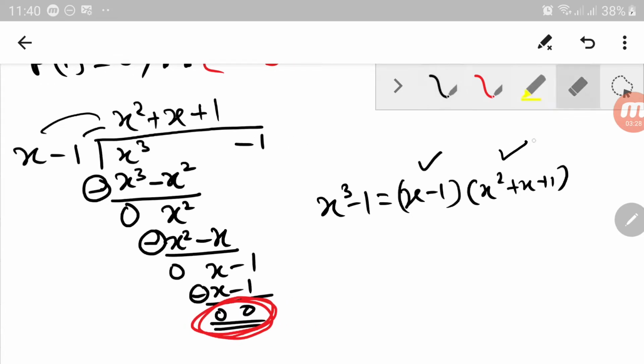This one is a quadratic expression, so maybe we can use EQN on the calculator to get the factorization. But if you use your EQN, you will get x something like half plus something with i at the back.